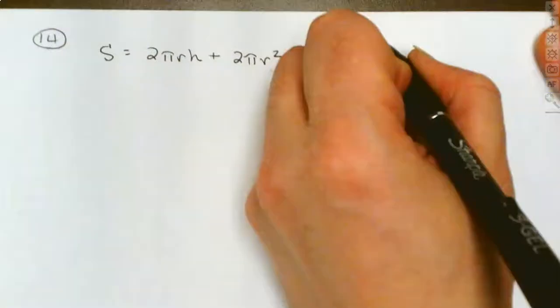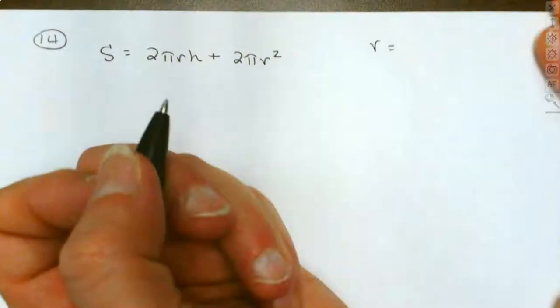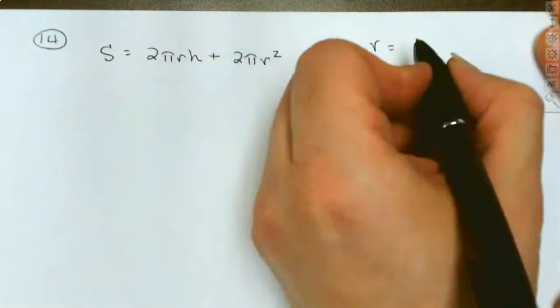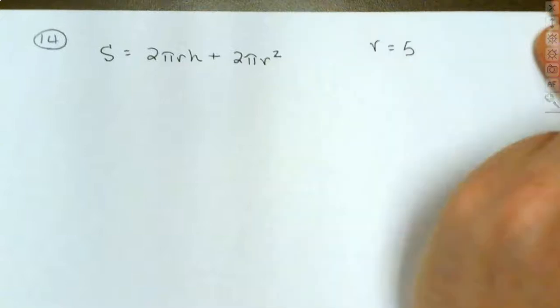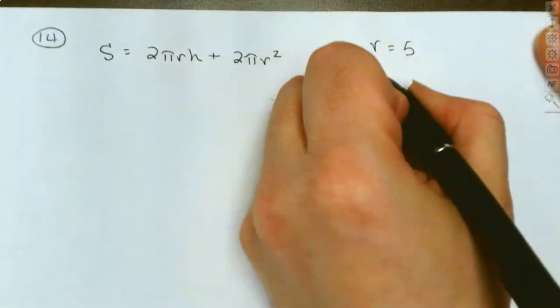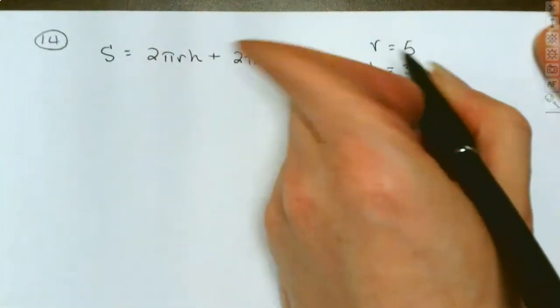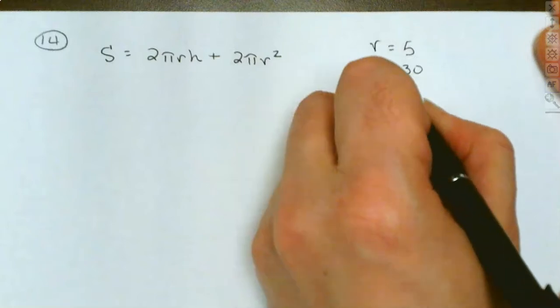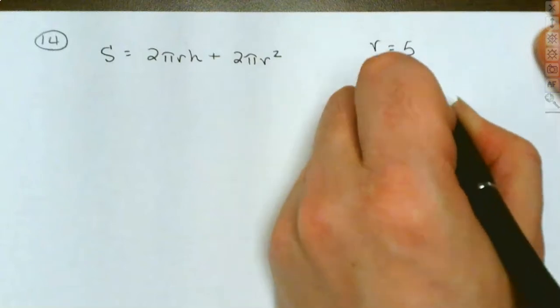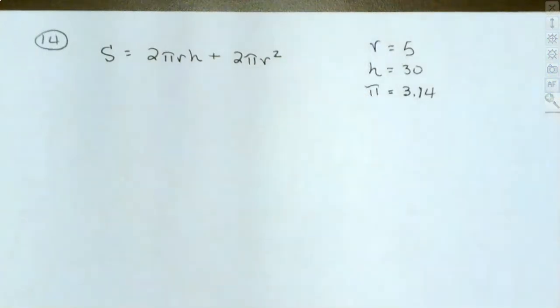We do know our R. R is the radius. And our radius in this case is 5. Our height is 30. And we're going to use 3.14 for the value of pi in your calculator. So it says specifically to use that.